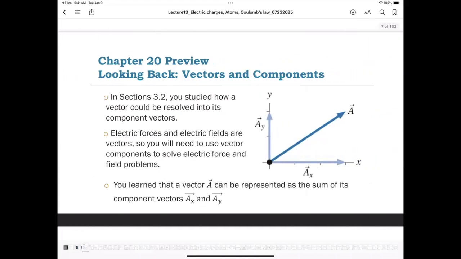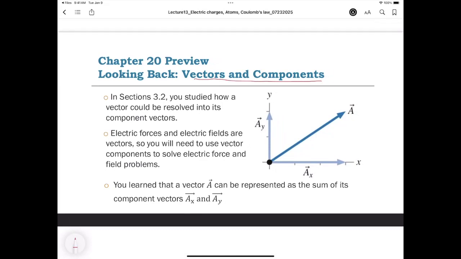Before we talk about chapter 20, I want you to look back at vectors and components. Vectors and components are very important, basic things for learning physics, and I think also for learning many things like mathematics. In section 3.2, you studied how a vector could be resolved into its component vectors.